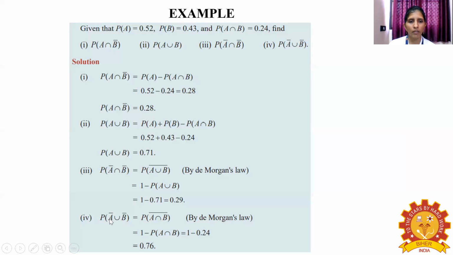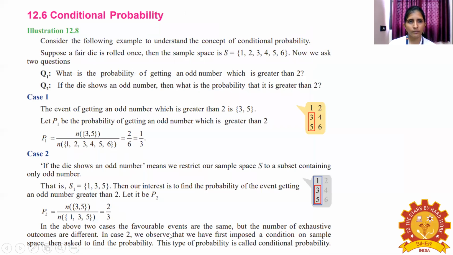Similarly, P of A bar union B bar is nothing but 1 minus P of A intersection B, so we use the complement here. I hope you can understand this example.